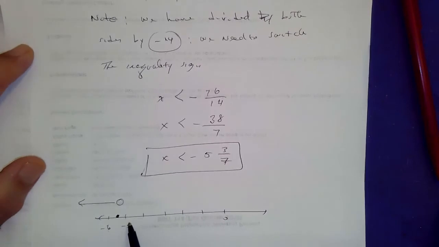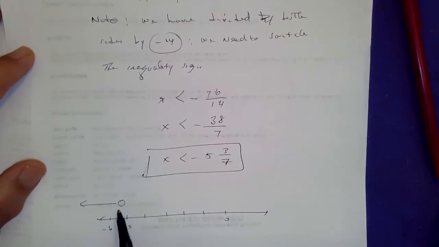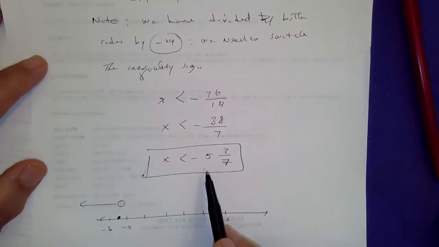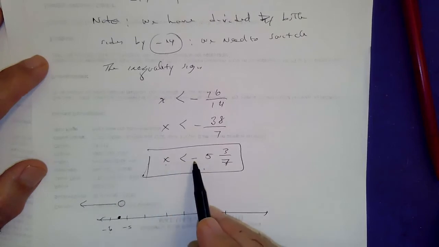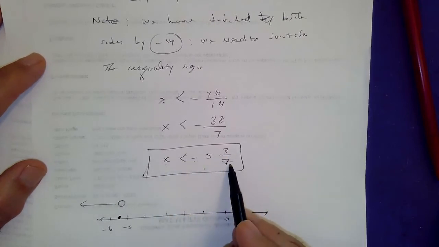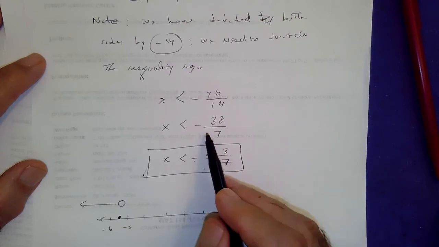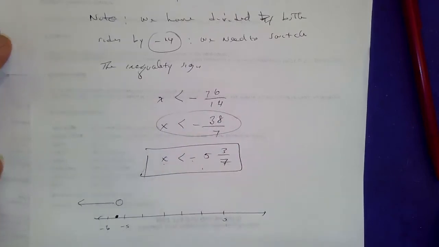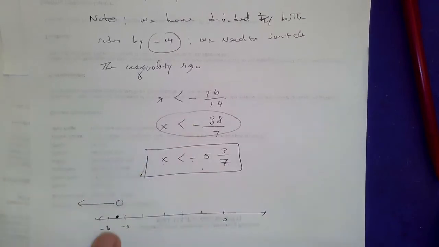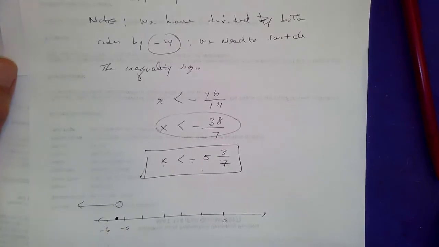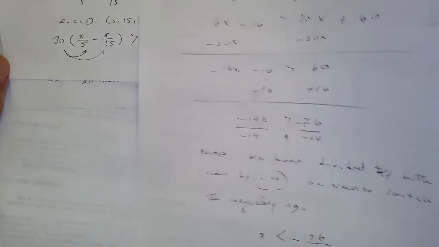And that's pretty much the graph or the picture of the solution, which reads x is less than negative 5 and 3/7. Incidentally, you could have just left it as negative 38 over 7. The reason I changed it to mixed numbers is so I can tell exactly where the solution is located on a number line. So that pretty much does that guy.